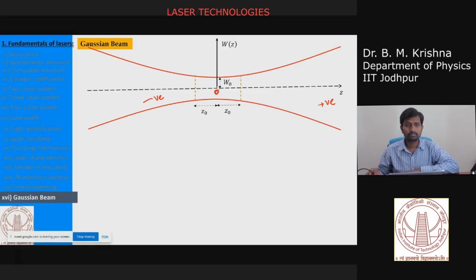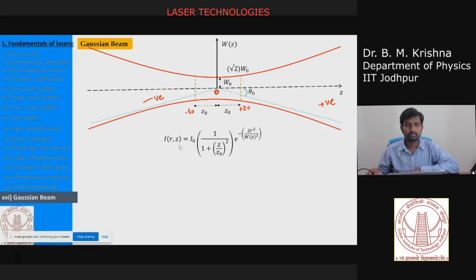Okay, so our focal point is our center, it's 0. Now from the center to a certain region, where your W naught is increased by root 2 times, that is your z naught. So this is positive z naught and this is negative z naught. So z naught is called the Rayleigh range.